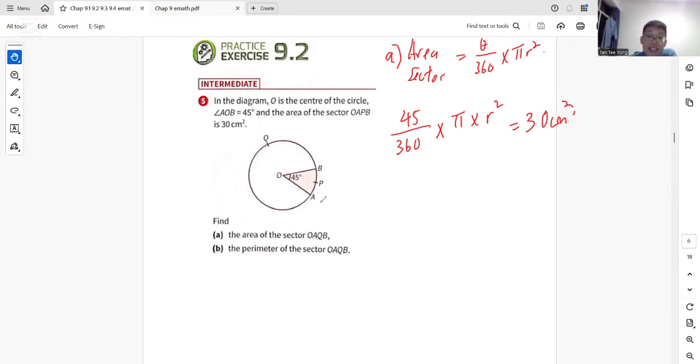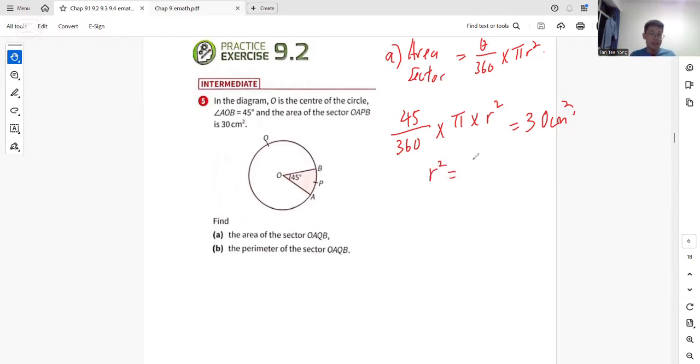Oh, I just realized, part A is to find the area of sector OAQB, which is the white part actually. It doesn't matter because we still need to find the radius. OAPB is still not wrong, this shaded is 30 cm square. So our mission now is to find out what our r is.